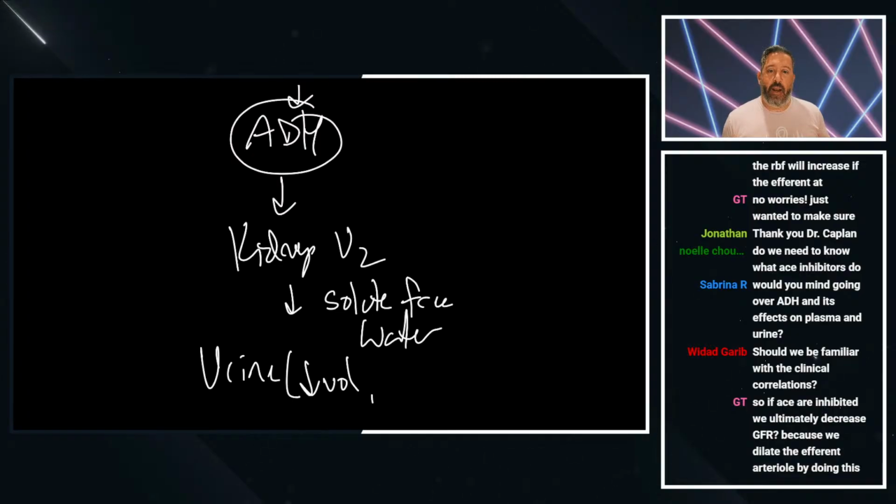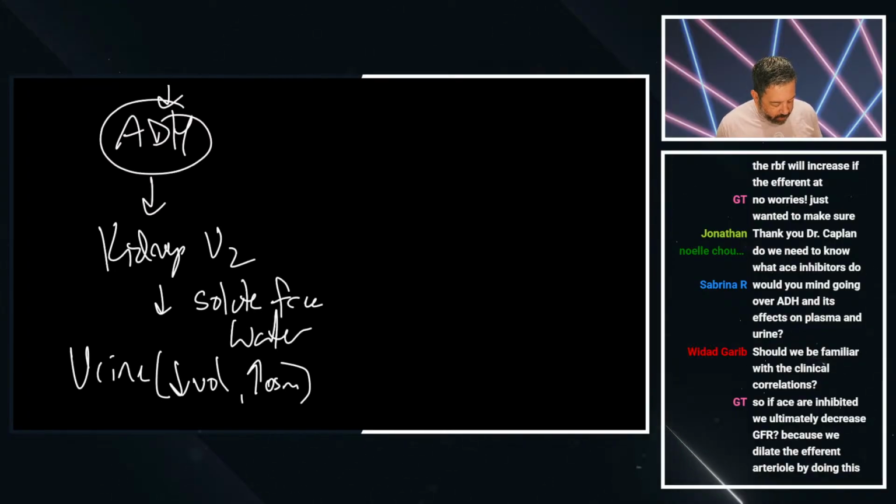Remember, the body doesn't care about the concentration of the urine. It cares about the concentration of the blood. So decreased volume of urine and increased osmolarity of the urine. So that's what's going to change with the urine. The urine osmolarity will go up to combat the water deprivation.